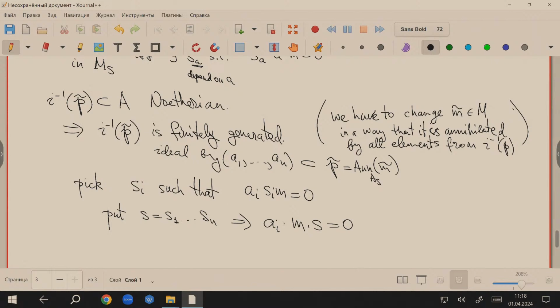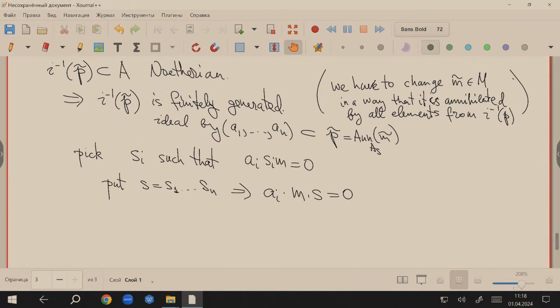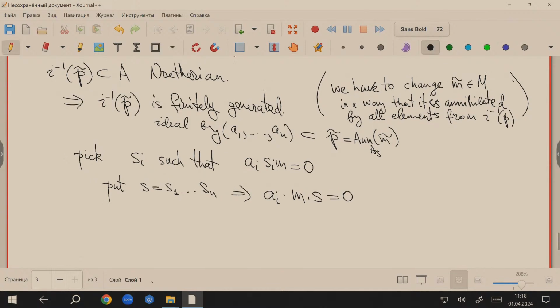But notice again, s is invertible in A_S. So the annihilator in A_S of M tilde is just equal to the annihilator in A_S of M tilde times s.